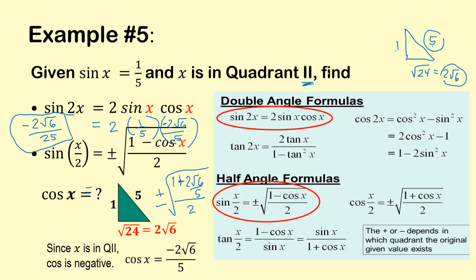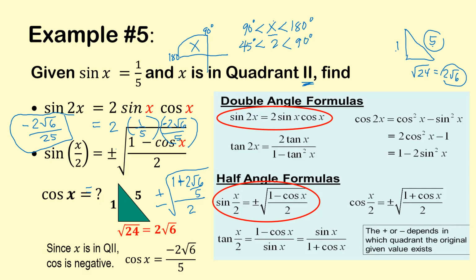Okay? Kung yung x is in quadrant 2, that means x is between 90 and 180. This is 180. This is 90. Okay, so that means x is greater than 90, but less than 180. Pag x over 2, we divide both sides by 2. So this is 45, this is 90.